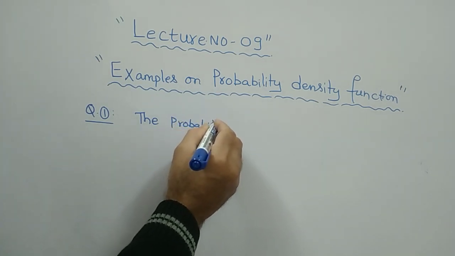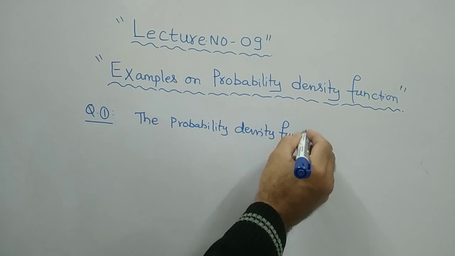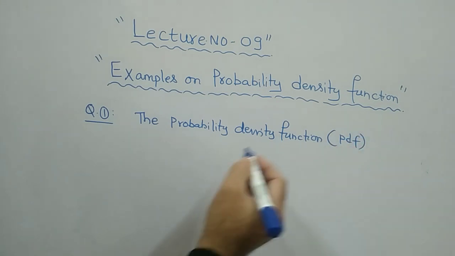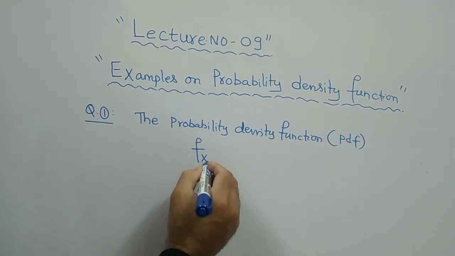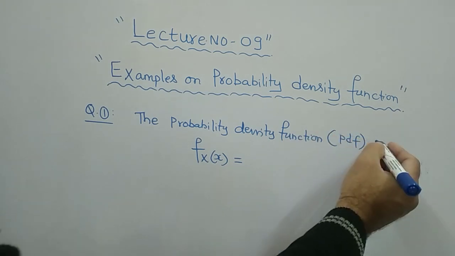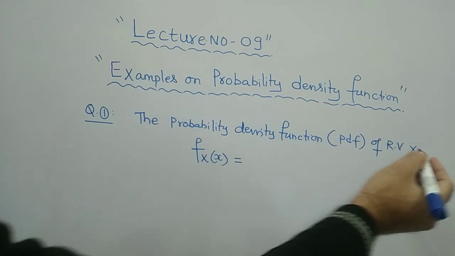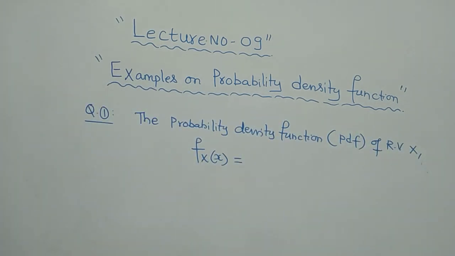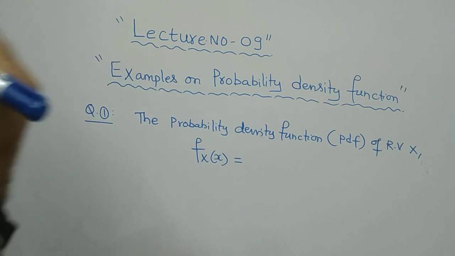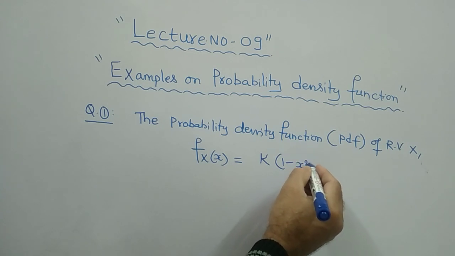The probability density function of the random variable x is denoted by small f of x and is equal to k into 1 minus x square.